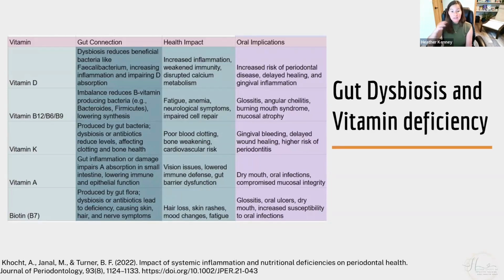And then it leads to vitamin deficiencies because we can't uptake the nutrients from our food. It can have health impacts by increasing inflammation and weakening our immunity, but it also has implications like bleeding, dry mouth, oral infection, glossitis, oral ulcers, and continuing with some of that inflammation that we're actually seeing in the mouth.